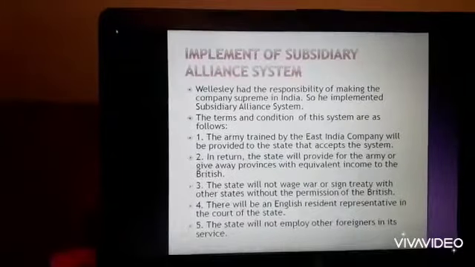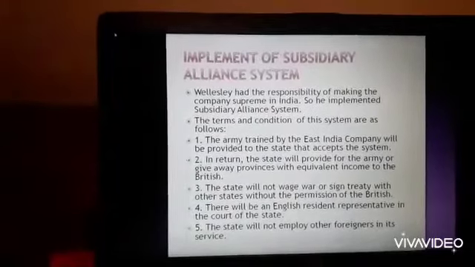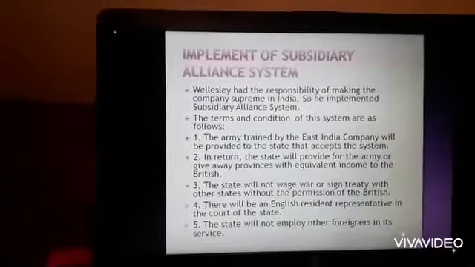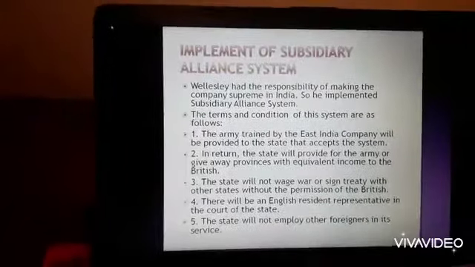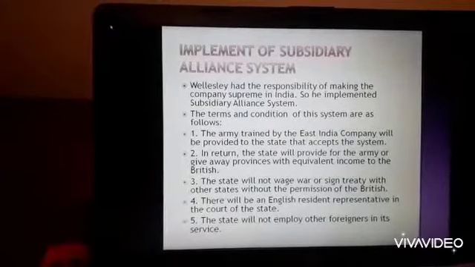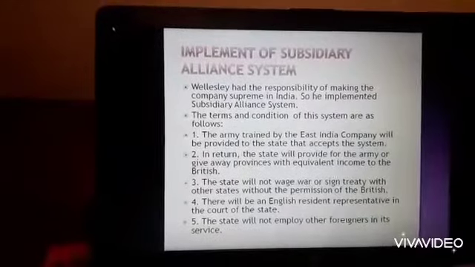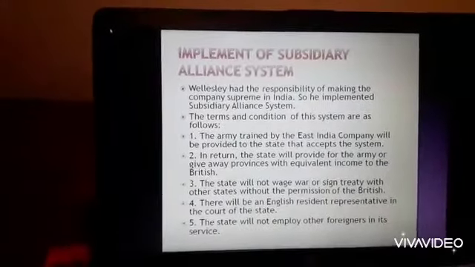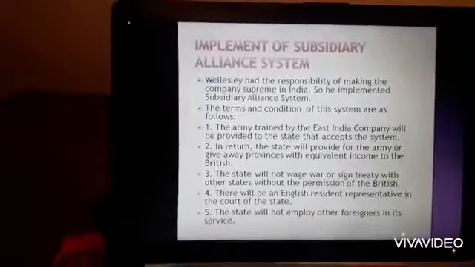Third, the state will not wage war or sign a treaty with other states without the permission of the British. Fourth, there will be an English resident representative in the court of the state. And number fifth is, the state will not employ other foreigners in its service.